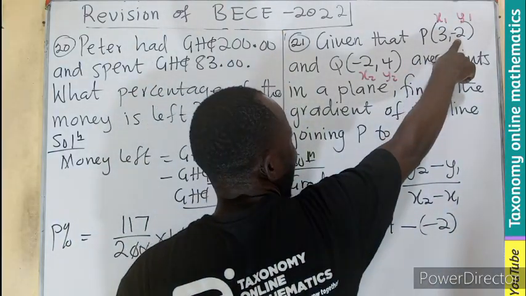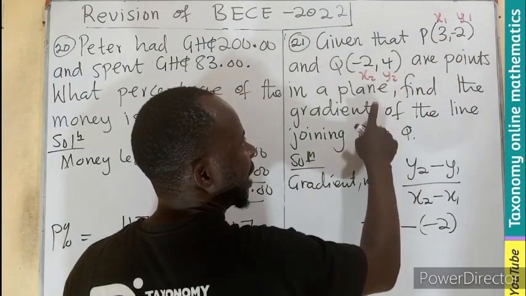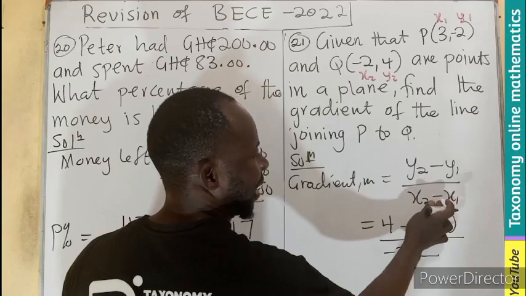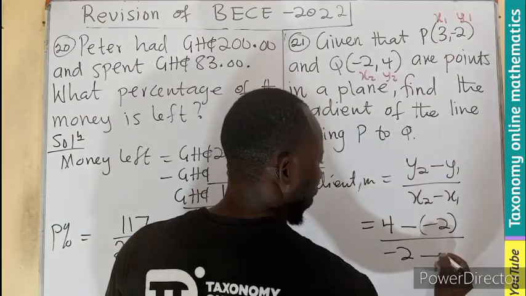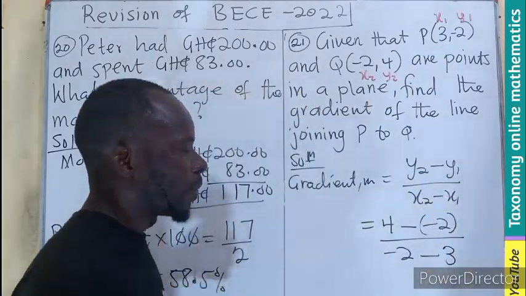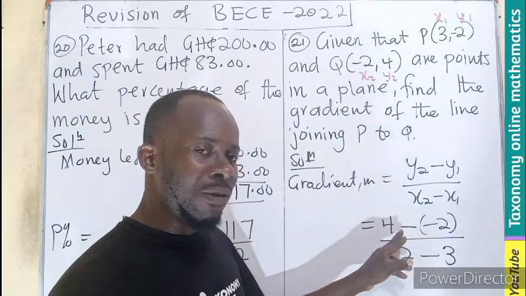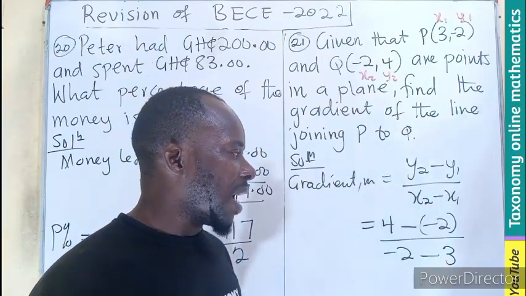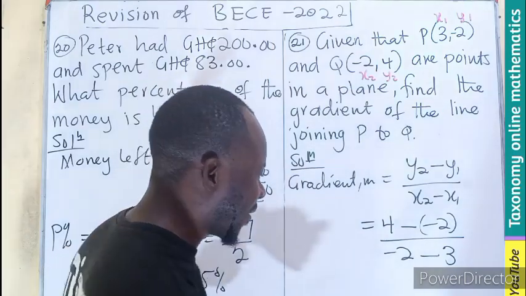Then x2, minus 2, minus x1, that will be 3. Don't forget this negative will become positive. So we have 4 plus 2. That will give us 6.